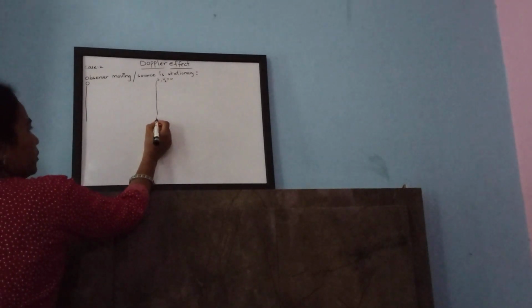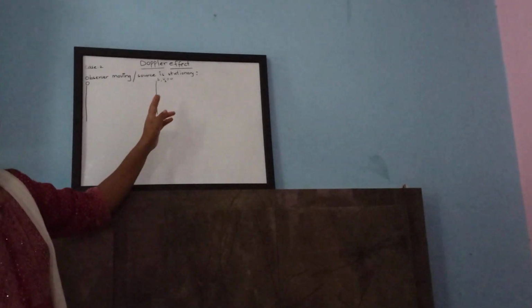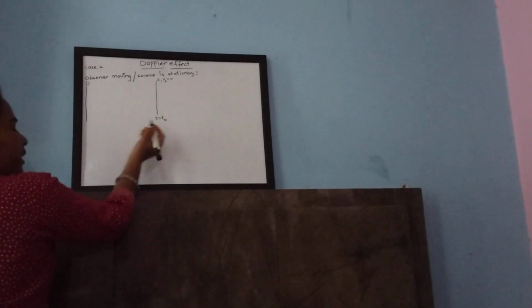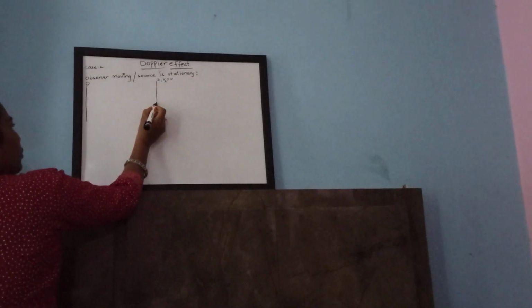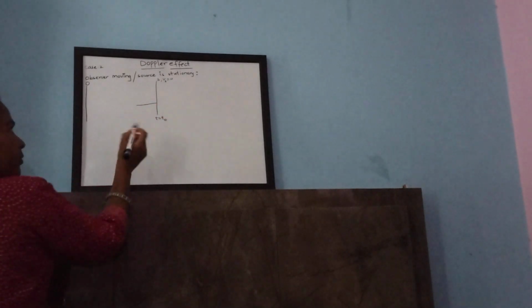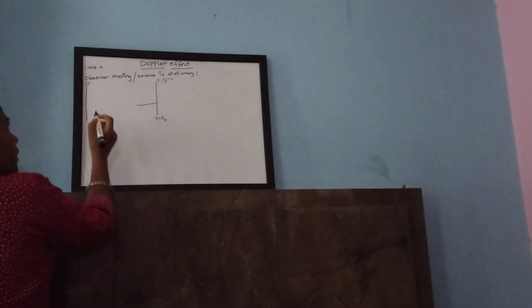Here, when time t is equal to t0, suppose the source emits a crest and it travels in the medium towards the observer.